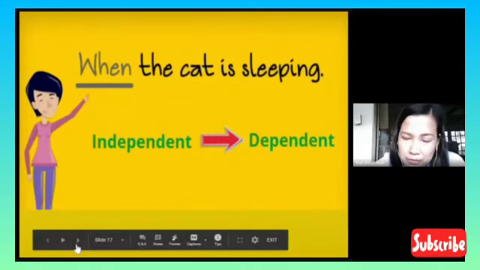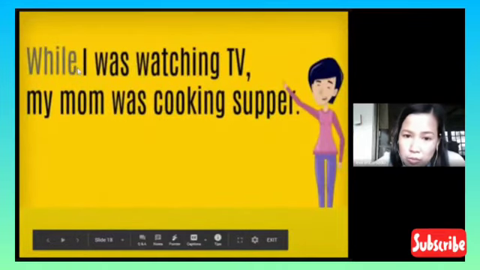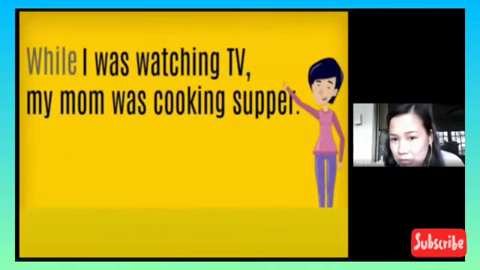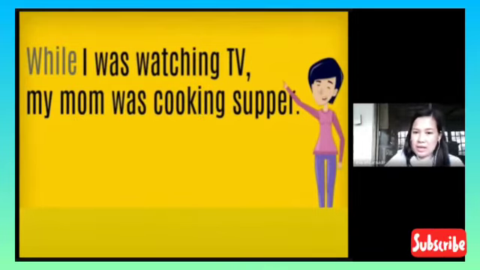Okay? Katulad nito, while I was watching TV, ito yung while, yan yung conjunction mo. Automatic, subordinate clause mo siya or dependent clause. Pareho lang yun class yung dependent clause tsaka subordinate clause. My mom was cooking supper. Okay? Ito yung independent mo, kaya niya mag-isa, naiintindihan siya kahit wala siyang kasama.